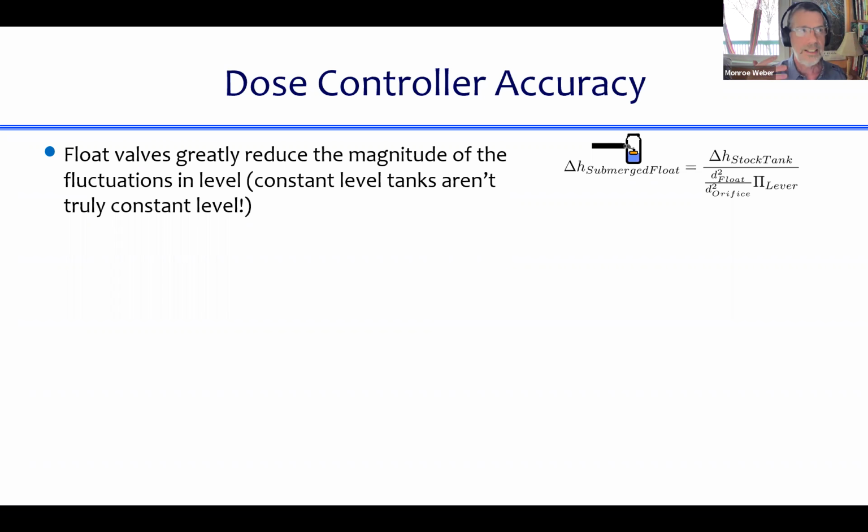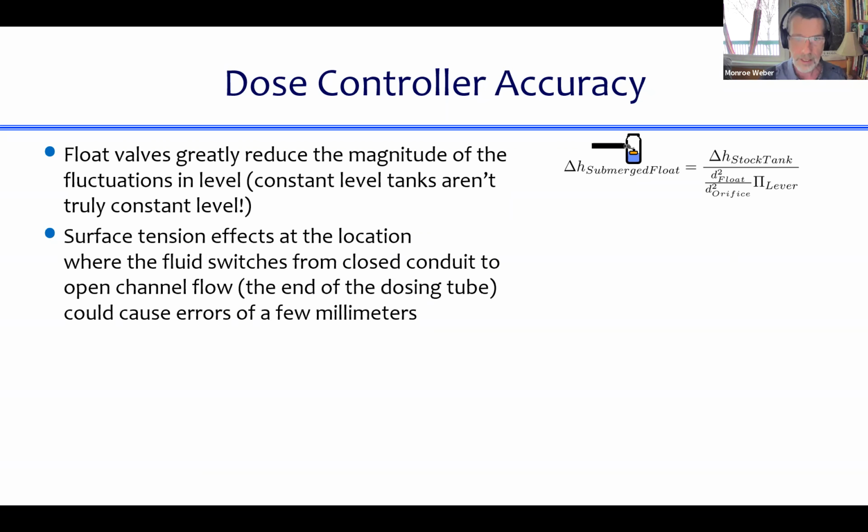And that change is probably on the order of a few millimeters, which is why having a total head loss on the order of 20 centimeters is good, because it means that the 20 centimeters is large compared with the few millimeters of change in the constant level tank.